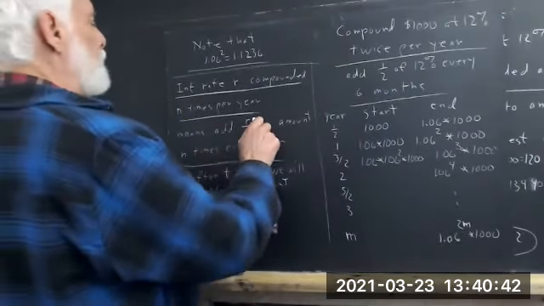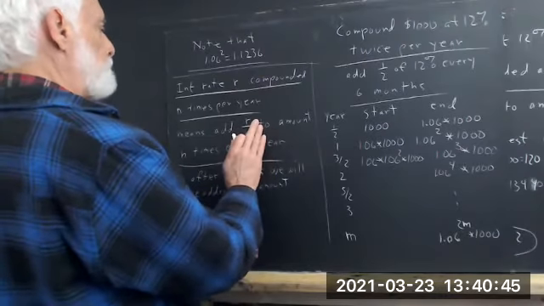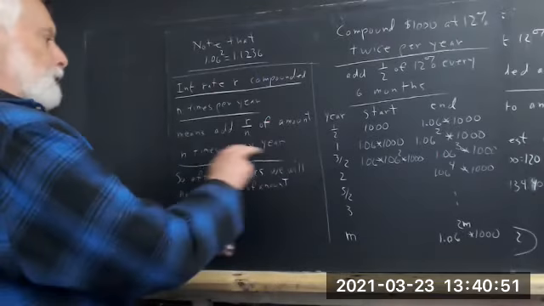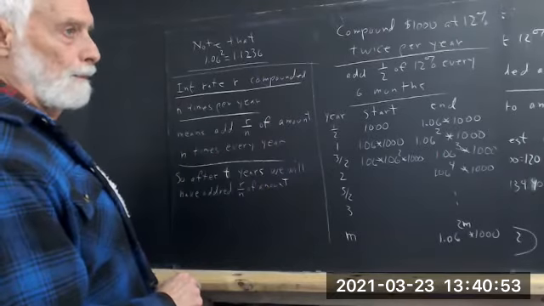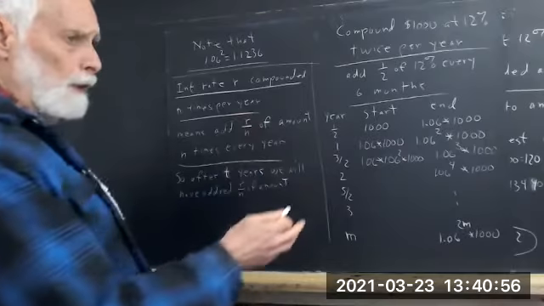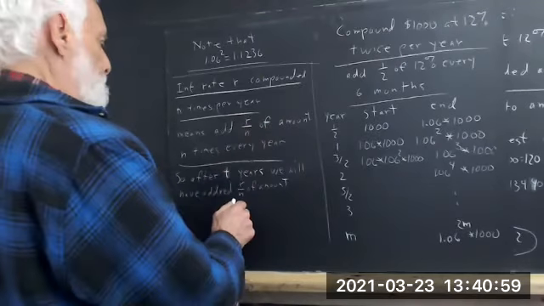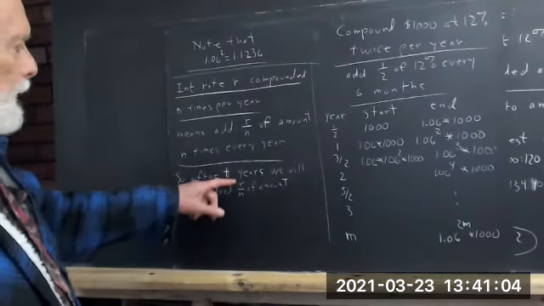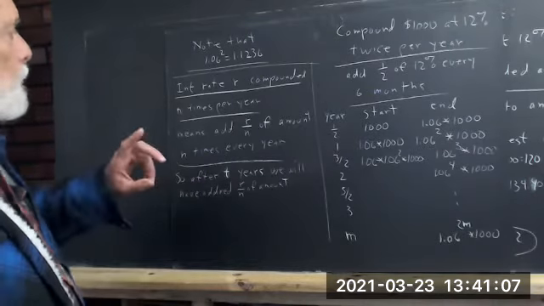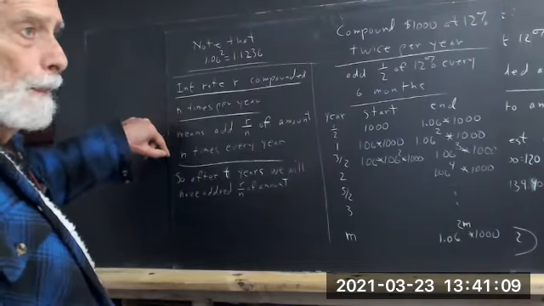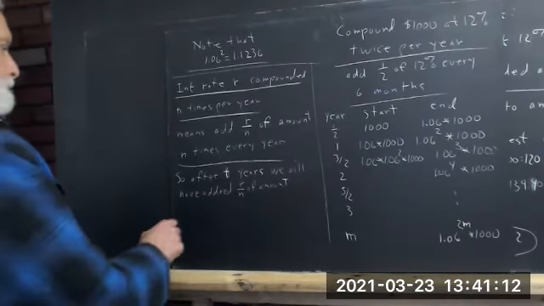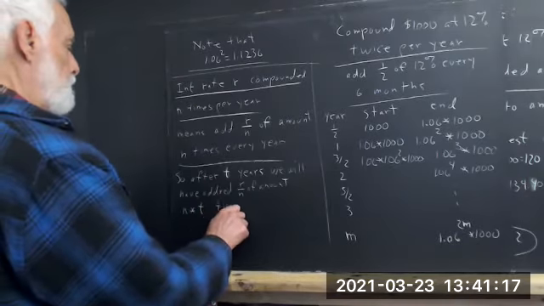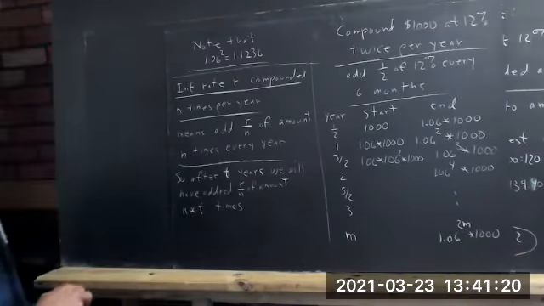R over N of the amount n times every year. And implicitly, we're adding that to the amount. So after t years, how many times would we have added r over n of the amount? Well, we add it n times every year. So it's going to be nt times.